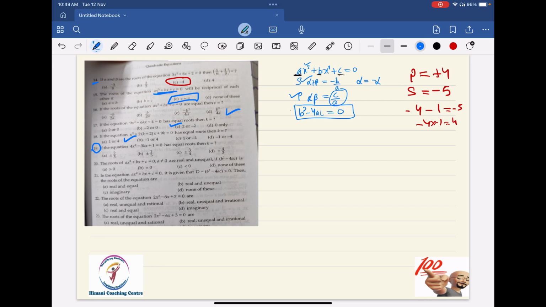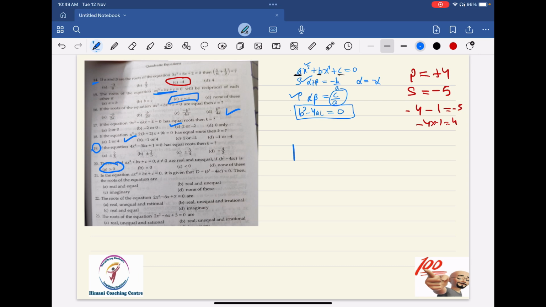Now, question number 20 is simply a knowledge based question. It is asking: the roots of ax square plus bx plus c equals 0 are real and unequal if b square minus 4ac is greater than 0. Let us quickly recall.